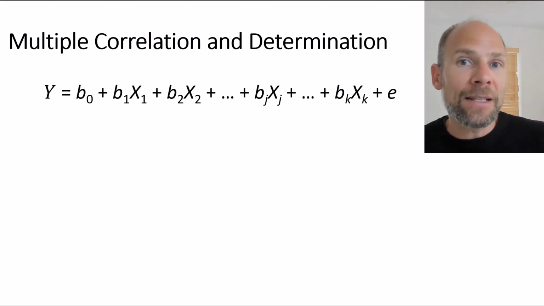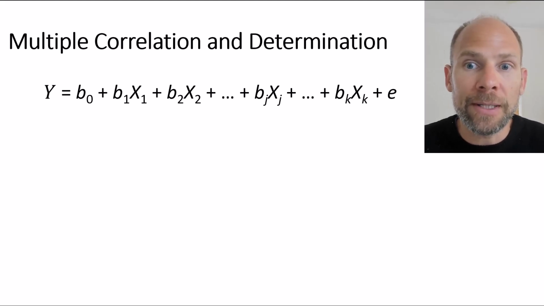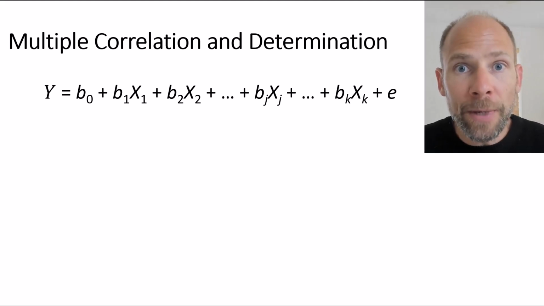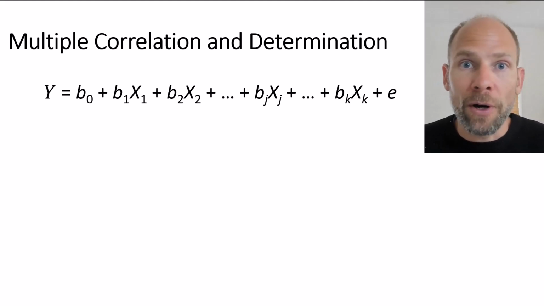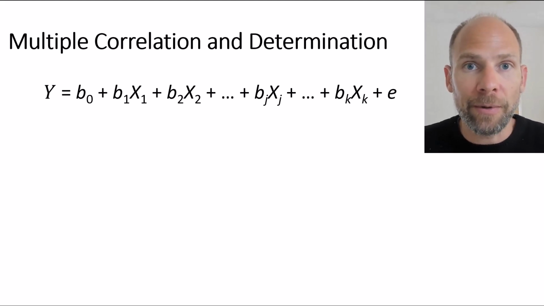For that, let's revisit the regression equation for a second. So this is the same equation that I showed you previously, where we have k predictor variables. And so with this equation here, we have the equation for our observed criterion variable y with an error term at the end.